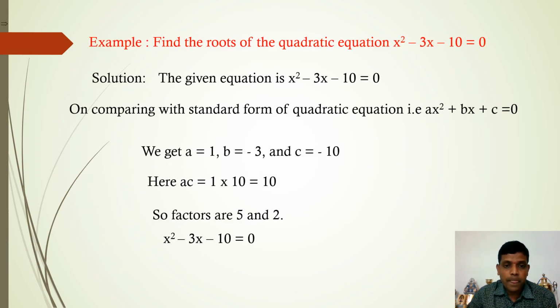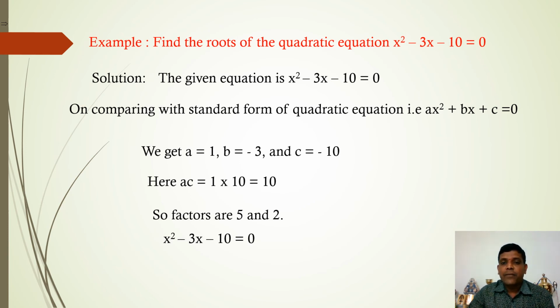Next example: find the roots of the quadratic equation x square minus 3x minus 10 equals 0. Solution. What is the given equation? X square minus 3x minus 10 equals 0.